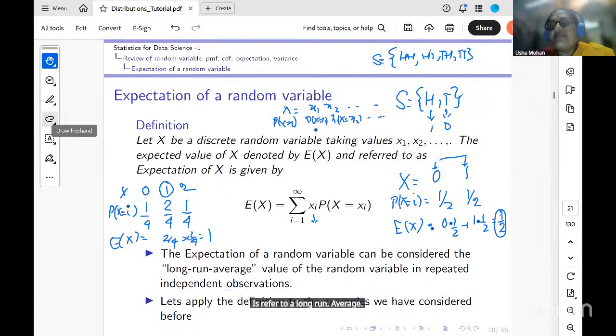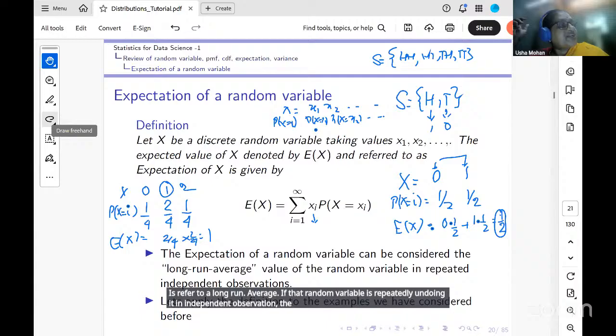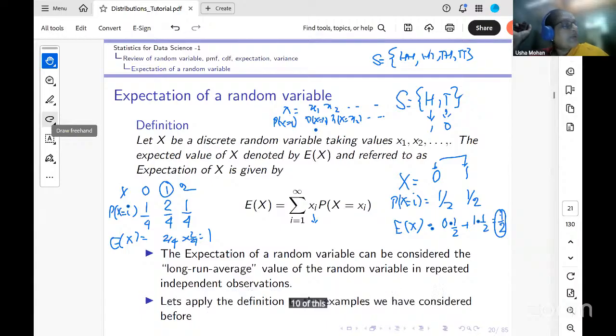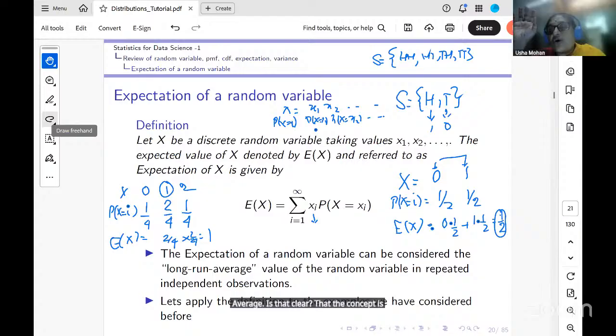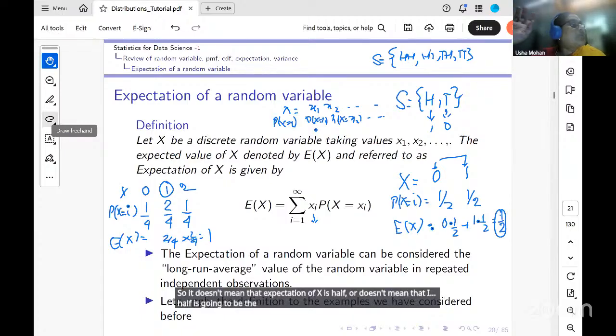If the random variable is repeatedly observed independently, the expectation of X is what we term a long run average. Is that clear? Yes, ma'am. The concept is that expectation is a long run average. It doesn't mean that half is going to be the outcome. That's not what it means.